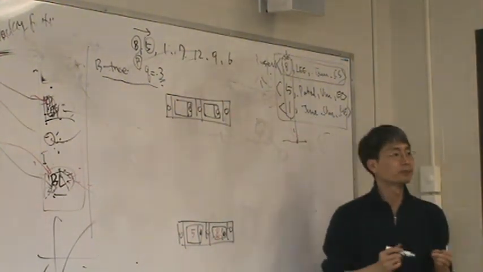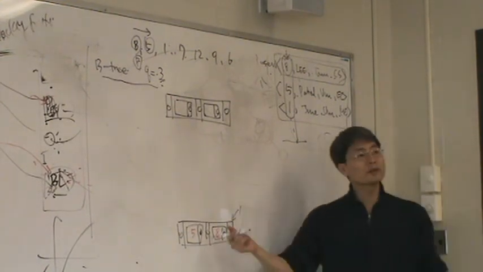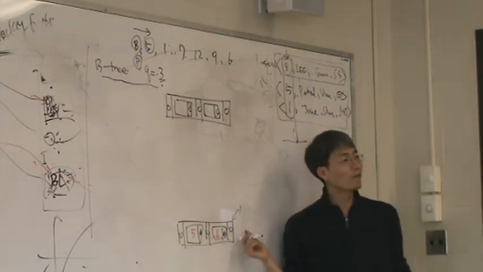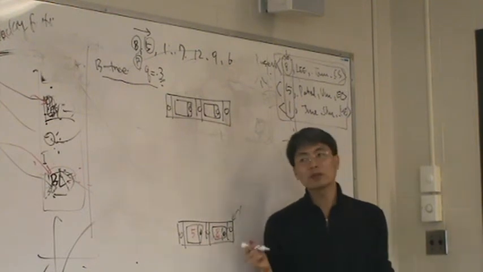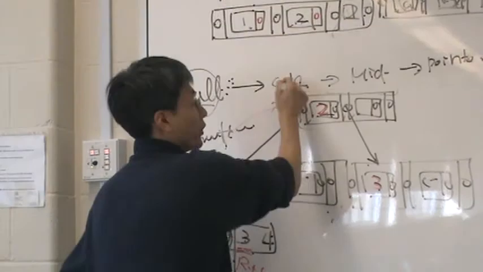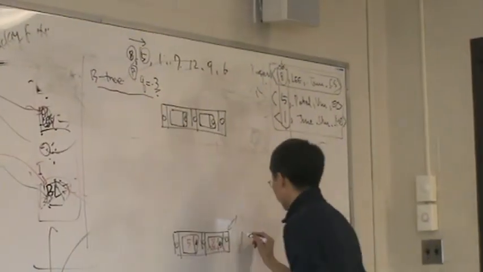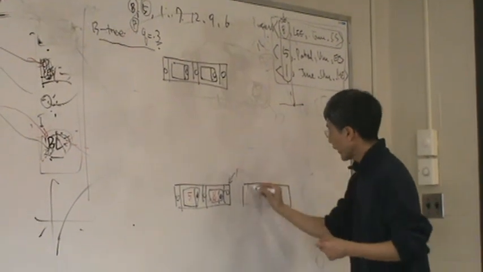What is the next? 1. So we need to insert the 1. Do you have space? No. It's called a full situation. What happens in case of full? We need to split. Split means copy, make a clone of this.